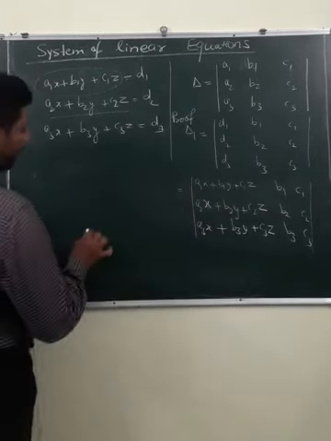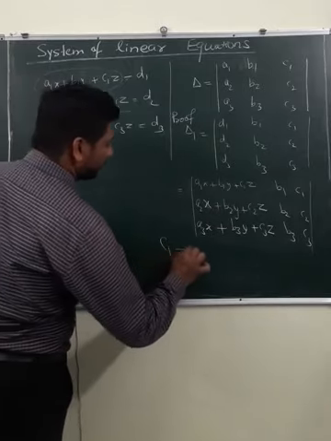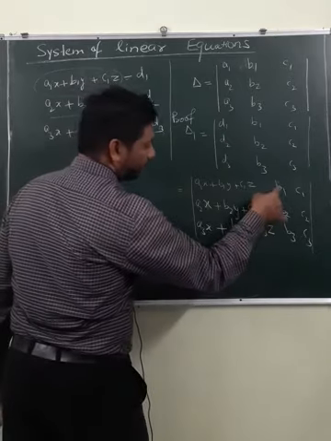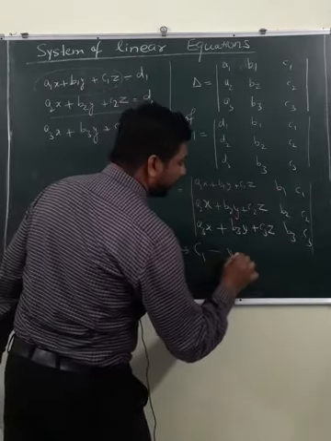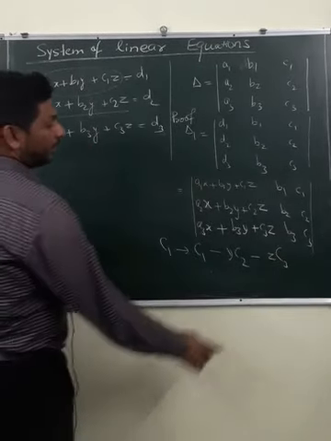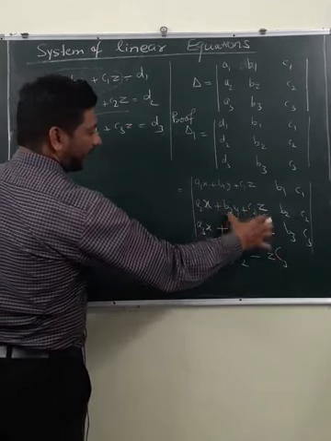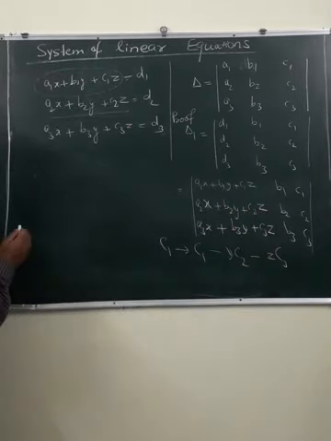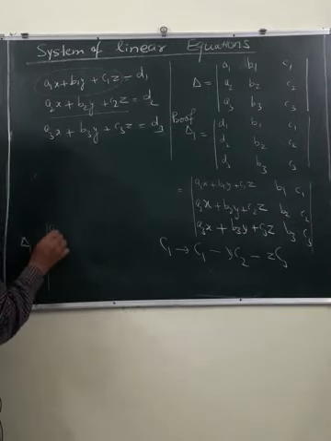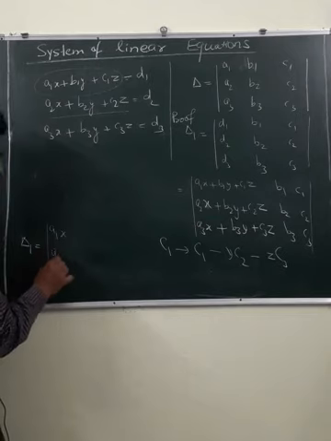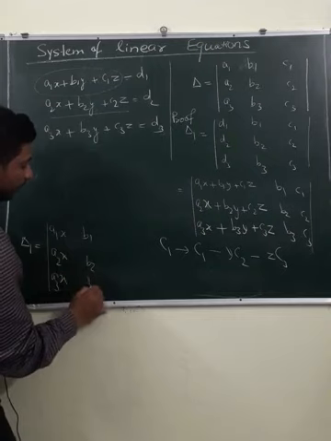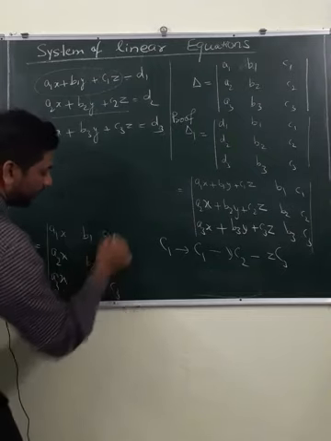And I will apply this operation: C1 goes to C1 minus y into C2 minus z into C3. Then these terms will be eliminated from here, and we'll get delta 1 is equal to A1x, A2x, A3x, B1, B2, B3, C1, C2, C3.